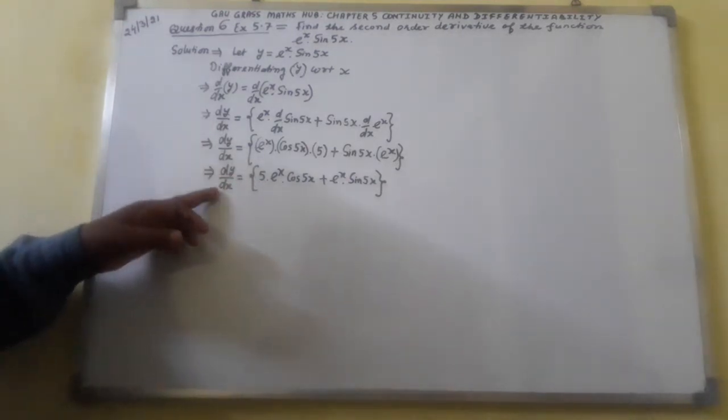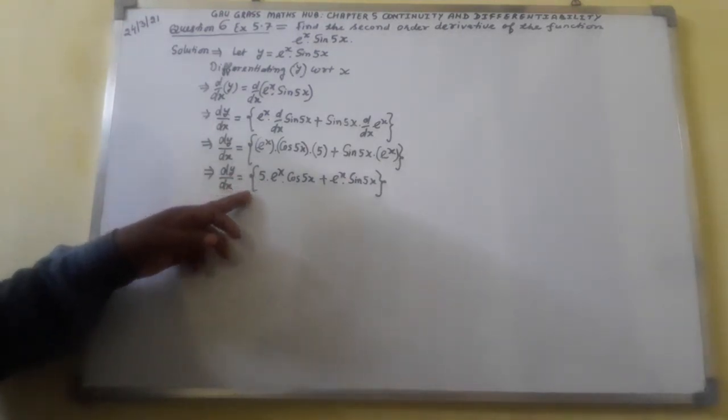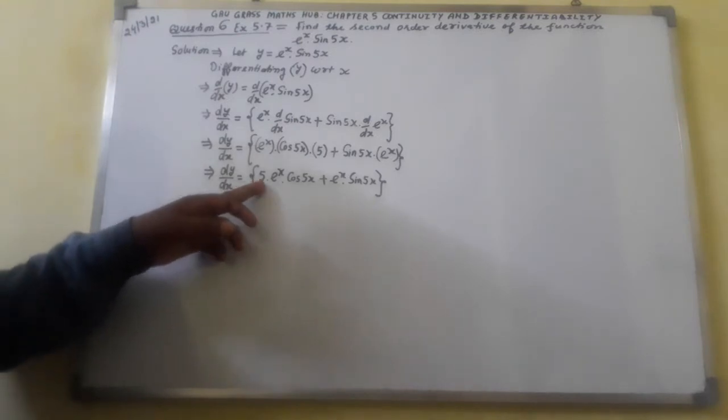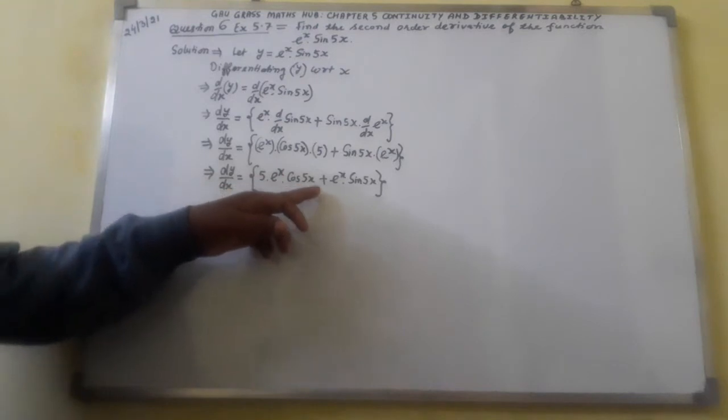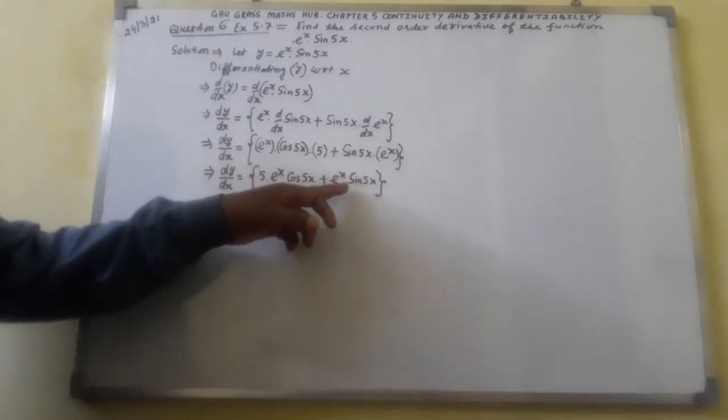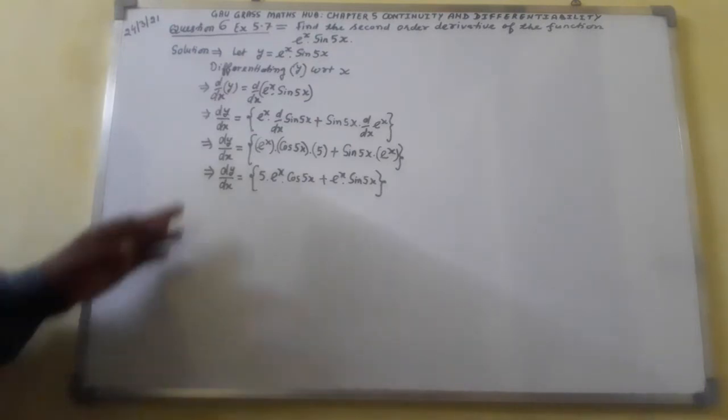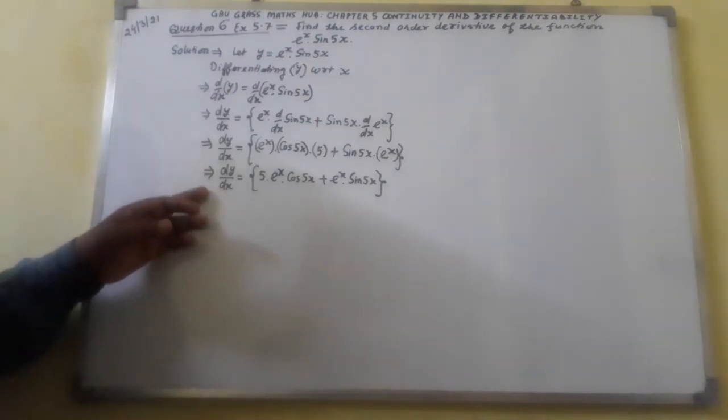So dy over dx is equal to, in curly bracket, 5 dot e raised to the power x dot cos 5x plus e raised to the power x dot sin 5x, curly bracket close. dy over dx is the first order derivative.